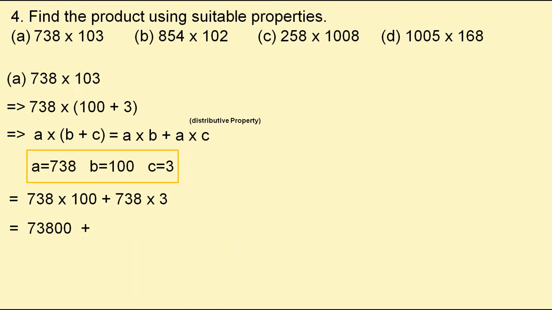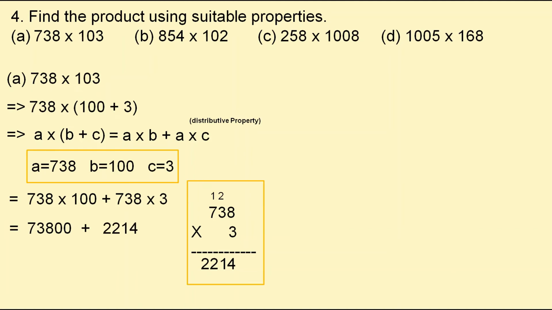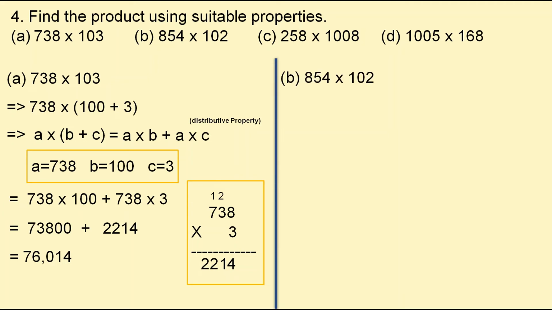Now let's check the product of 738 into 3. 8 3s are 24, so 2 is on carry. 3 3s are 9 plus 2, 11, so 1 is on carry. 3 7s are 21 plus 1 is equal to 22. So the product of 738 into 3 is 2,214. Now it's easy to add, so the final answer is 76,014.